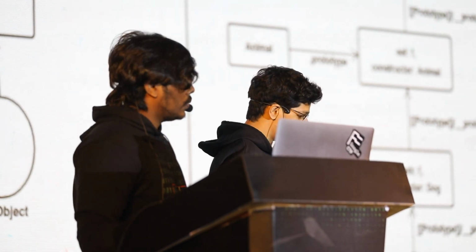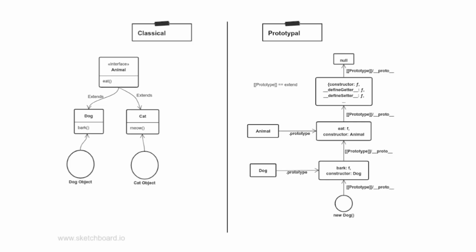So here we have a flowchart which will try to explain the difference between classical inheritance and prototypal inheritance. In classical inheritance, for example, you want to create a class called animal, and then create another class called dog or cat.